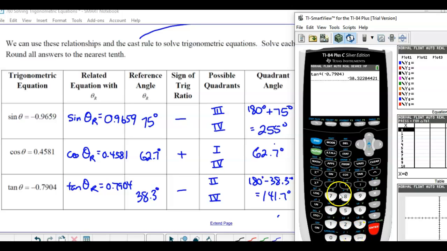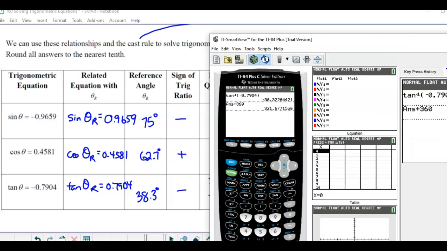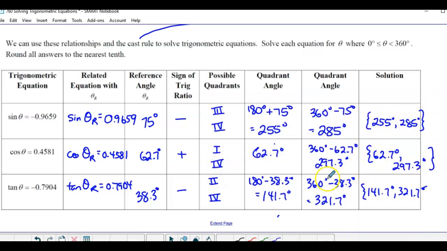All right, well, you're asked to give these angles between 0 and 360. So that's not going to be your answer. You would then have to convert that to an angle between 0 and 360, so by adding 360 to it, coterminal angle, then you get 321, which is this one here.